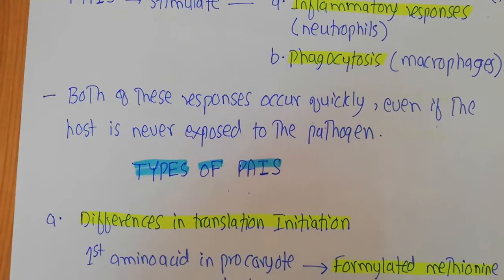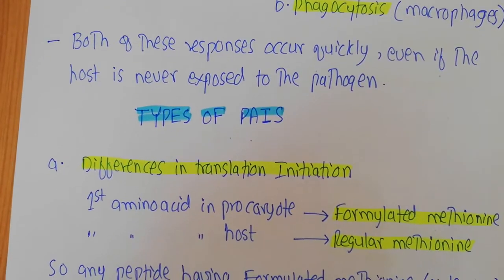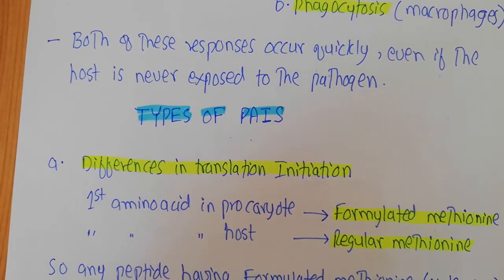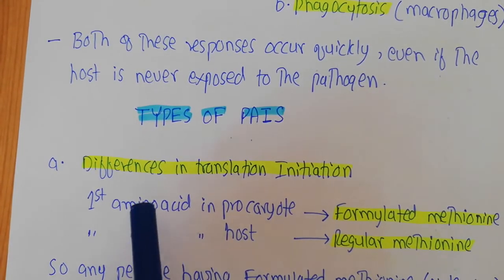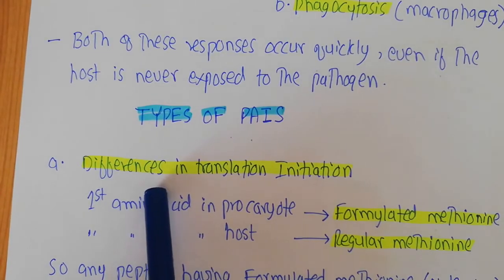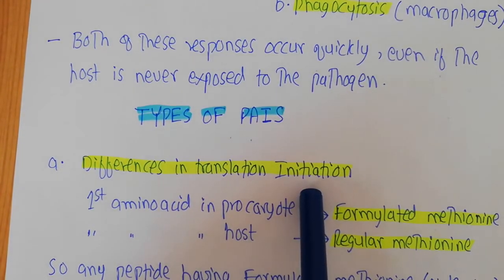Now let us talk about some of the important types of pathogen-associated molecules. One important type of pathogen-associated immunostimulant is the differences in translation initiation.